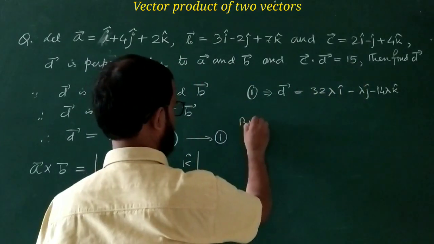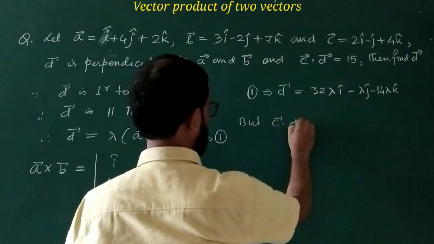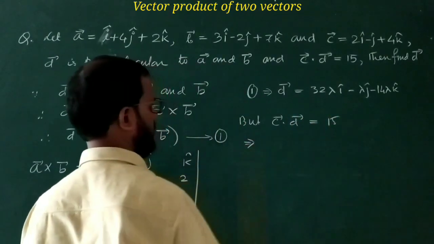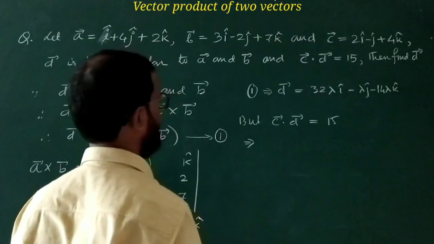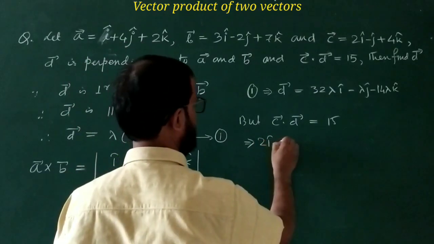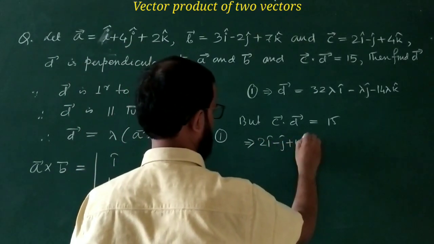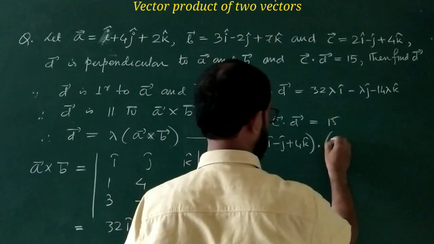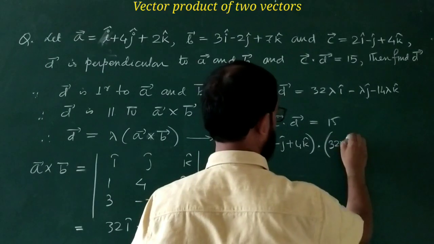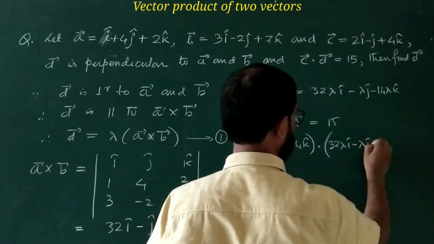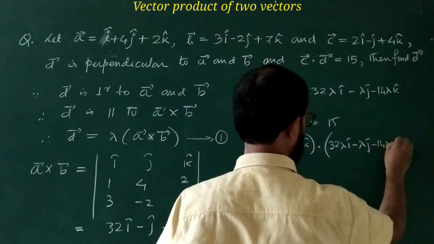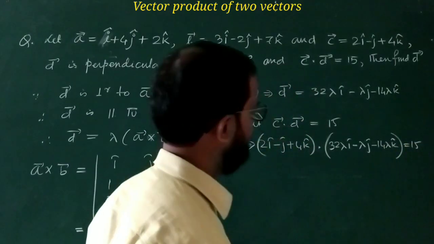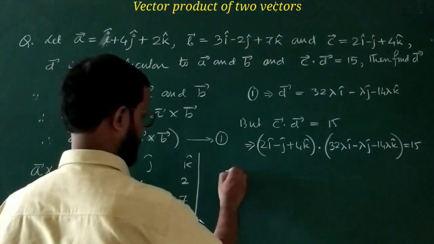C vector dot D vector equals 15. C vector equals 2 i cap minus j cap plus 4 k cap, dot 32 lambda i cap minus lambda j cap minus 14 lambda k cap, equal to 15. I hope there is no problem for you.